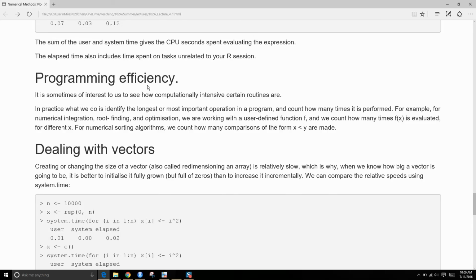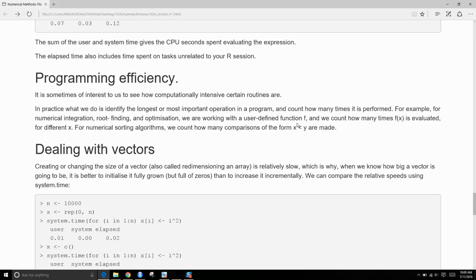We can talk about this idea of programming efficiency. A lot of times what you want to do is identify the most important operation in the program, and count how often that thing is performed. If we're doing numerical integration or root finding, a lot of times we're dealing with some kind of function f, okay?